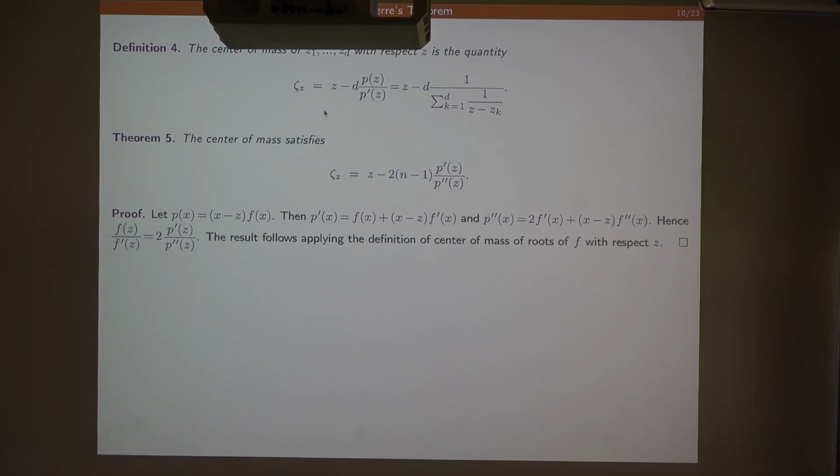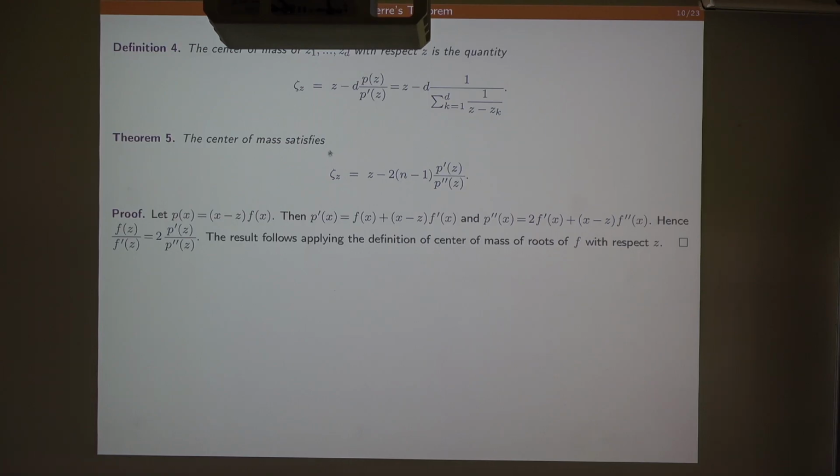And there is a property that links the center of mass with the derivative and the second derivative of the polynomial.